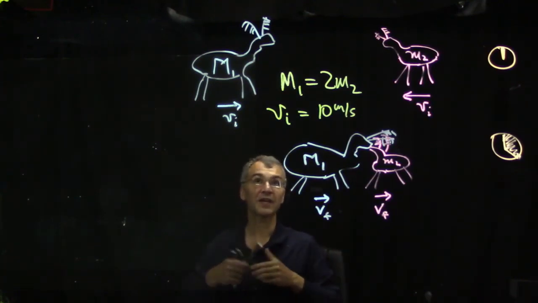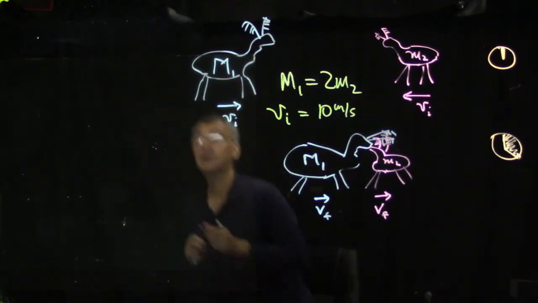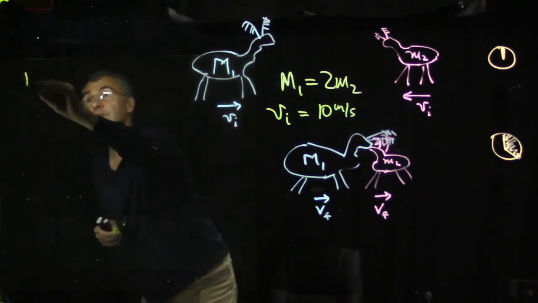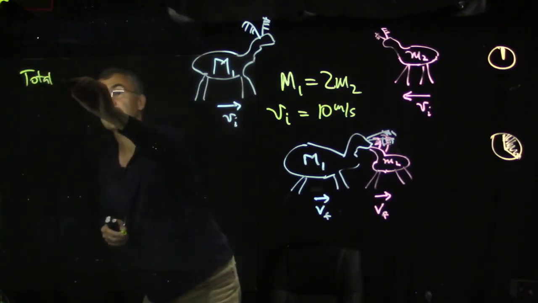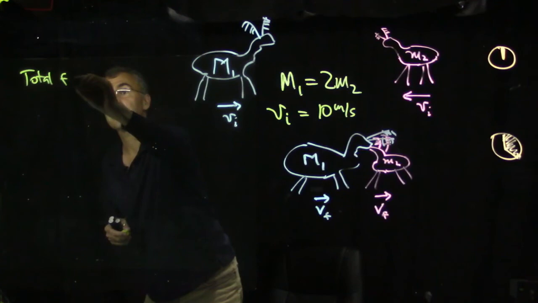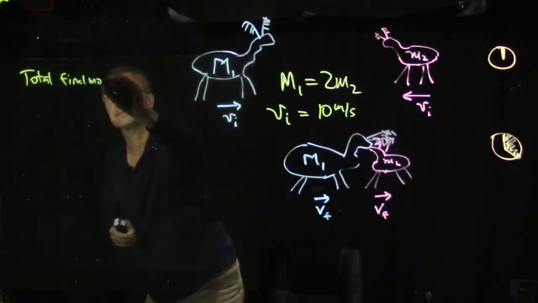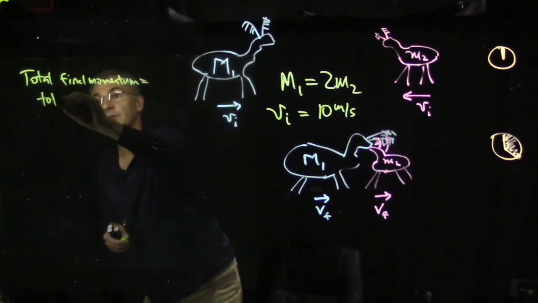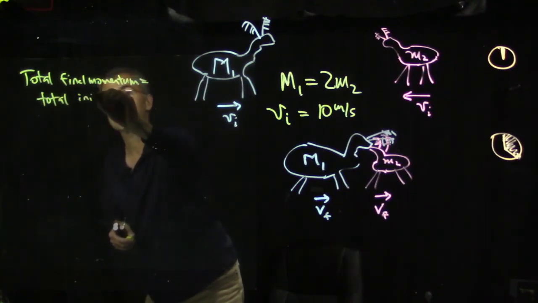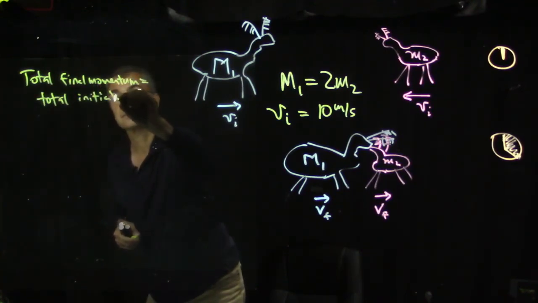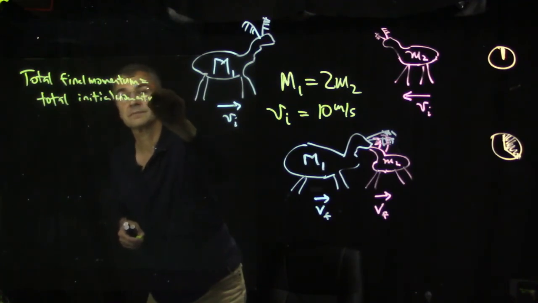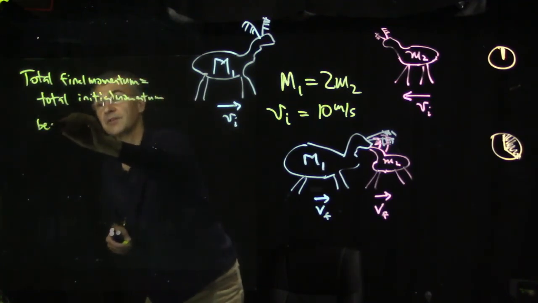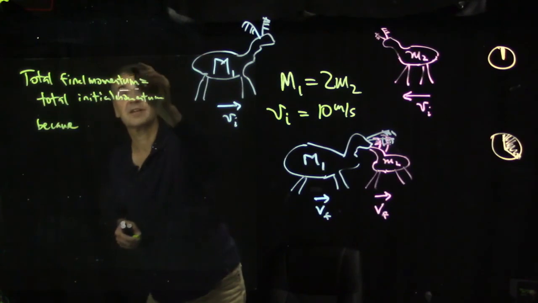So we're going to say that the total final momentum equals the total initial momentum, because this is in the x direction.